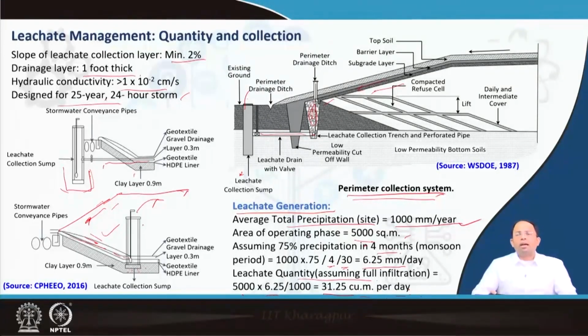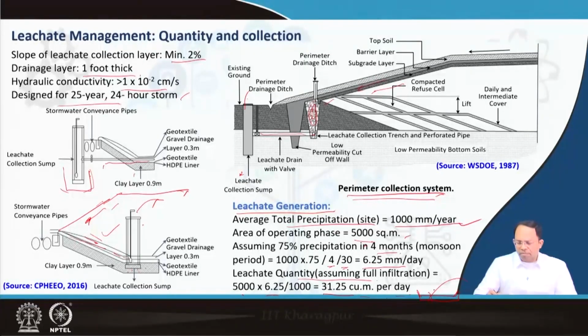So if I design a transportation system or a pumping system, first we have to store this leachate for a day, and then pump it out throughout the day. We can design this storage for 1 day of leachate, or for multiple days, depending on how much leachate I want to transfer by vehicle to the leachate treatment plant or an existing sewage treatment plant, or how much we can treat at that particular site.